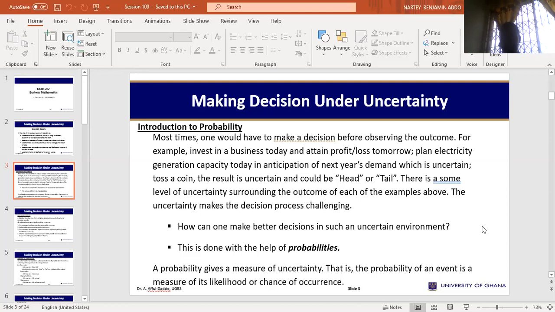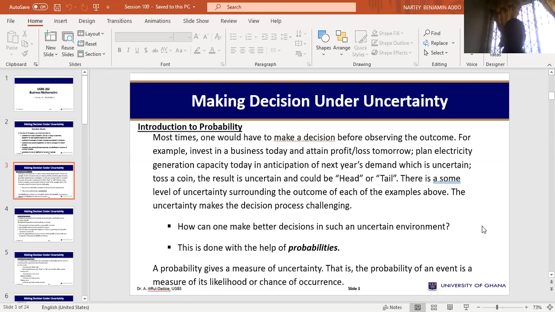Okay, so per our slide, we said that most times one would have to make a decision before observing the outcome. And that is the experiment, right? So for example, invest in a business today and attain profit or loss tomorrow. Plan electricity generation capacity today in anticipation of next year's demand, which is uncertain.